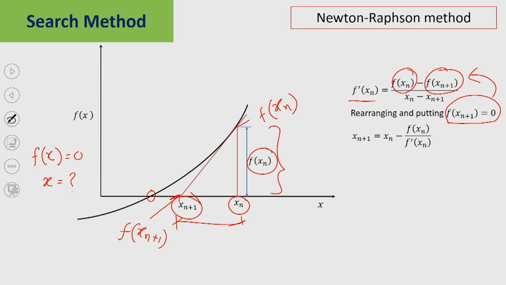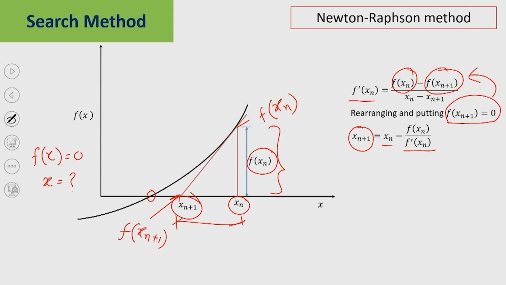I get x n plus 1 equal to x n minus f of x n divided by the first derivative at x n. Using this equation I can approximate x n plus 1.